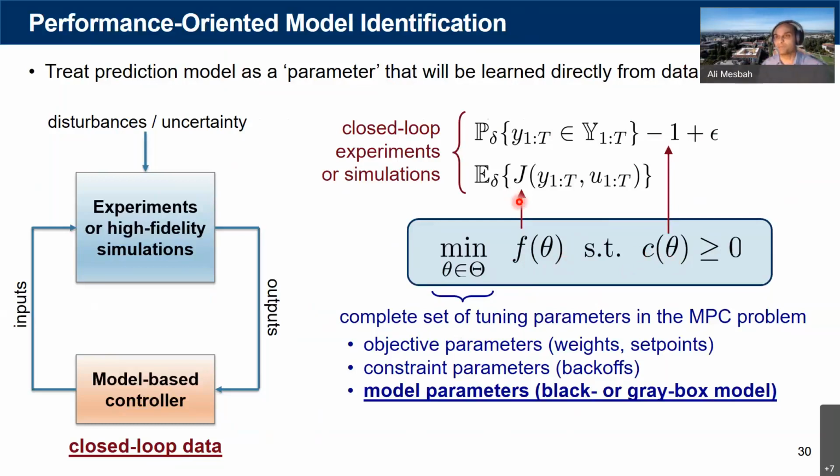And let me be clear with the term closed-loop. So let's say you have some model-based controller. It could be MPC or any other controller, right? So when you apply this controller to the real process, or in fact, if you have high fidelity simulations. Again, this is very commonly done in practice, right? In practice, if you have high fidelity simulations, you may not be able to use them for controls.